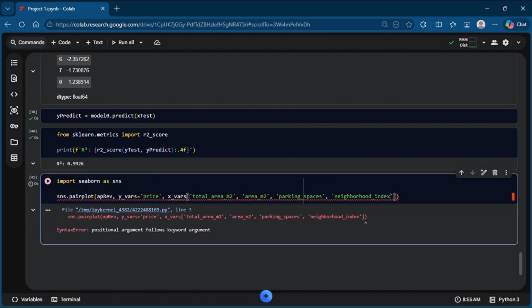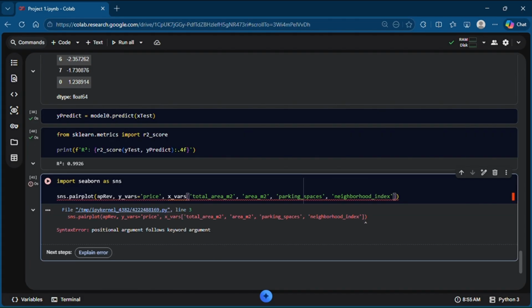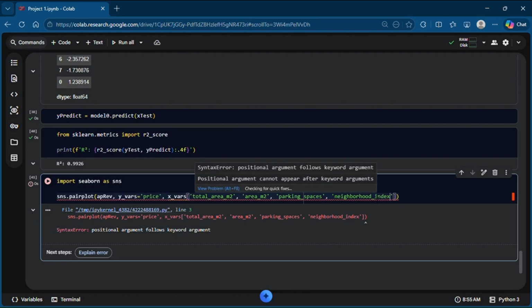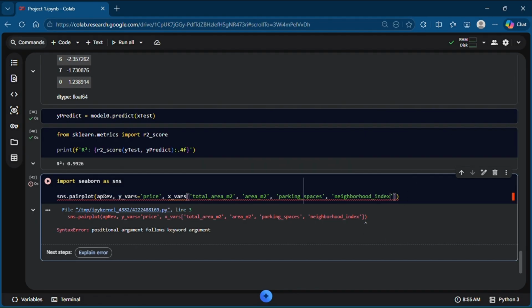Okay, let's compile this. Positional argument follows keyword argument. Oh, I need to put the equal here.